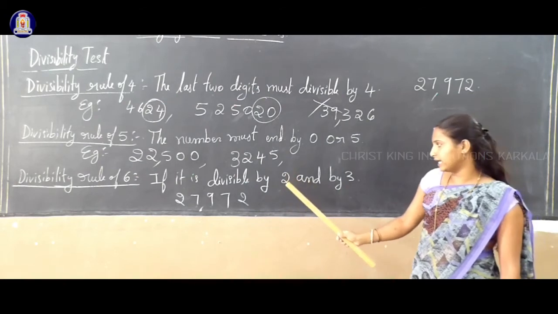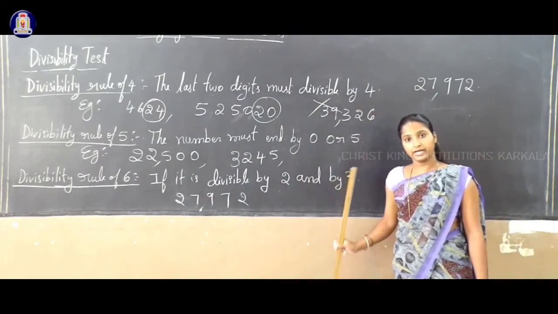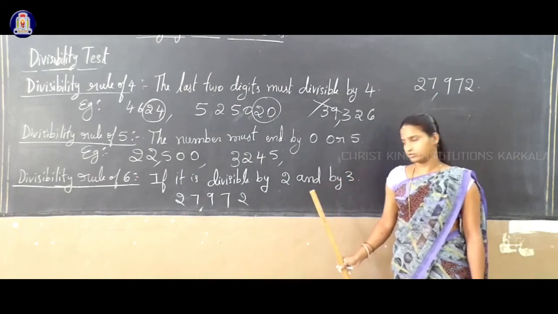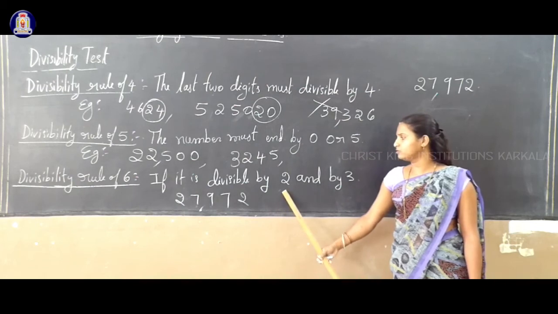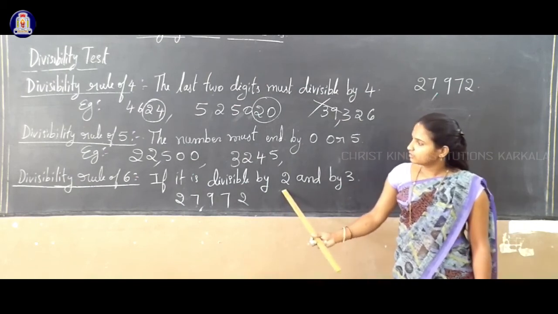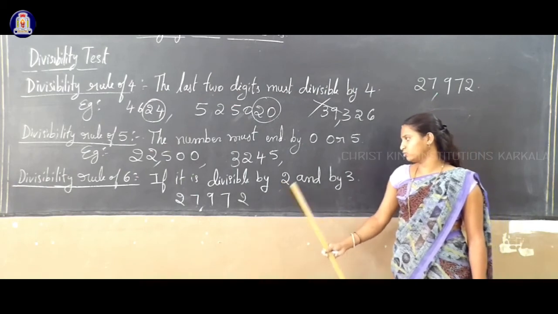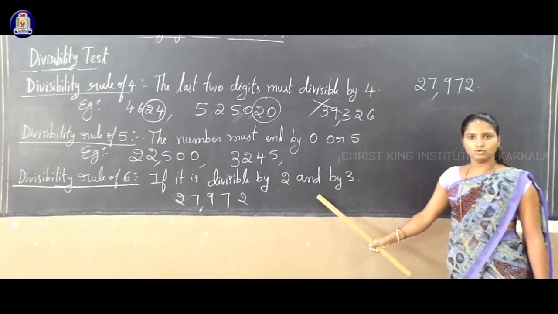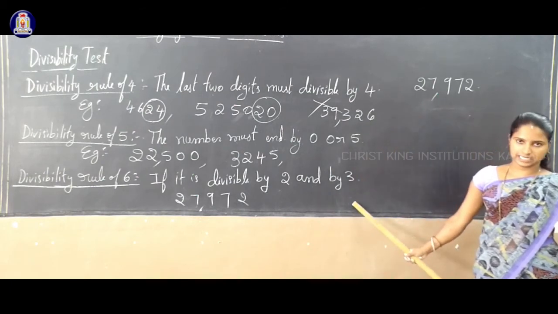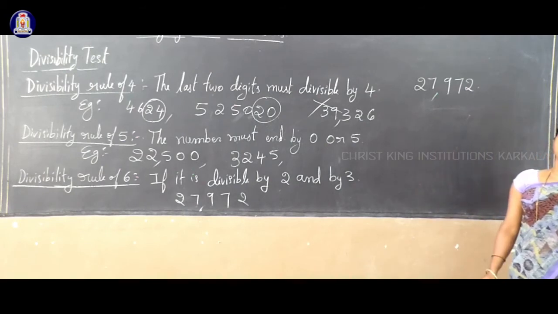If the given number is divisible by only 2, it will not be divisible by 6. So you have to check both 2 and 3. The number must be divisible by 2 and by 3, then we can say it is divisible by 6.